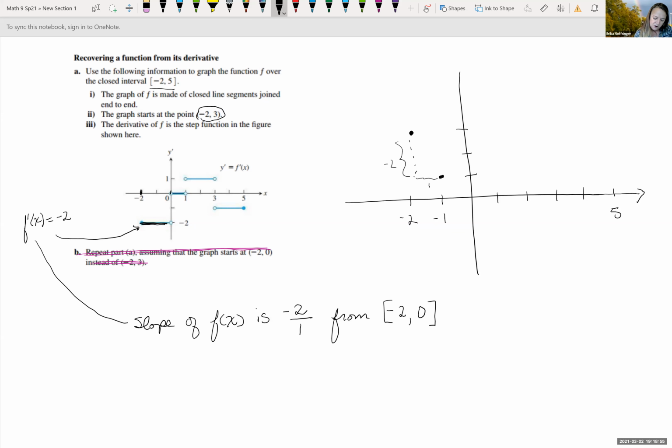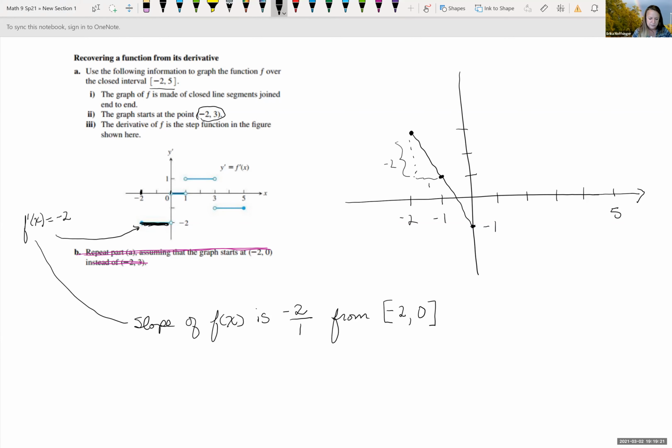If I fall 2 and run over 1, I would have another point here. And so for this line segment, the slope of -2, my original function, f of x, looks like a line decreasing there.